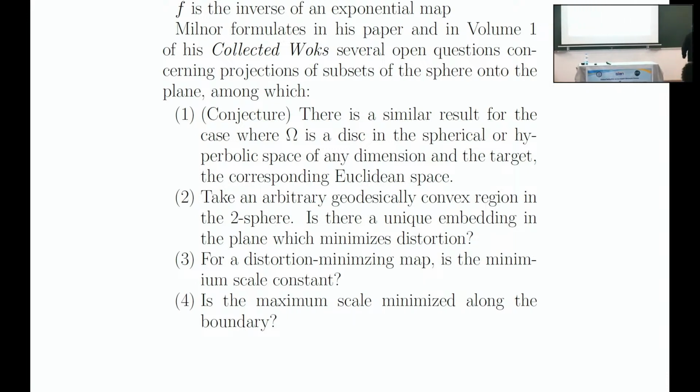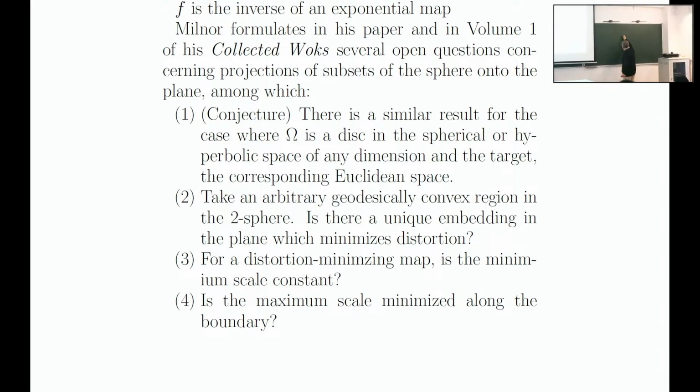If you want to take the image of a continent like India, it's more difficult. Geodesically convex means that when you take 2 points, the shortest line between them stays in the set.